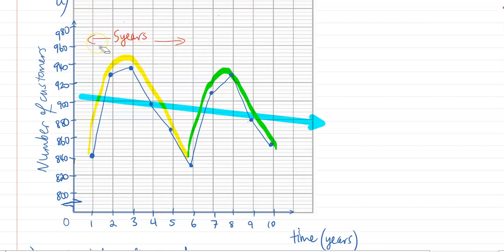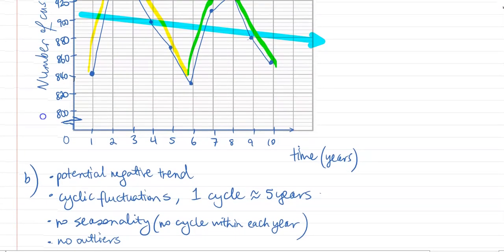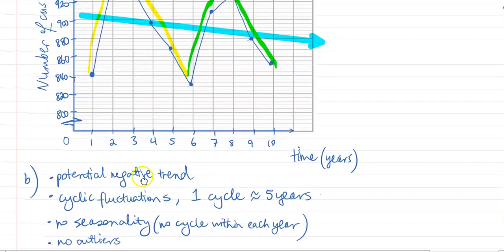Although we know that with cycles, they don't have to be the same exact period length every time. So just documenting that: potential negative trend, cyclic fluctuations, one cycle is approximately 5 years, no seasonality, and no outliers.